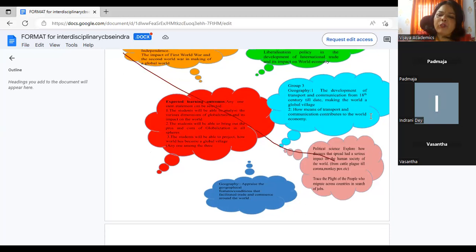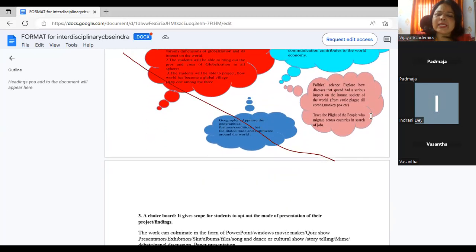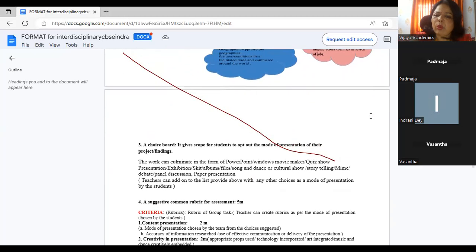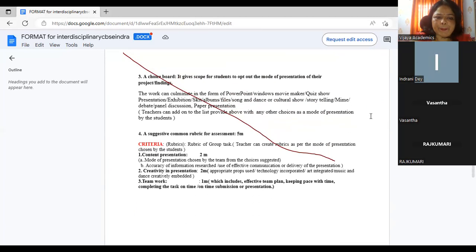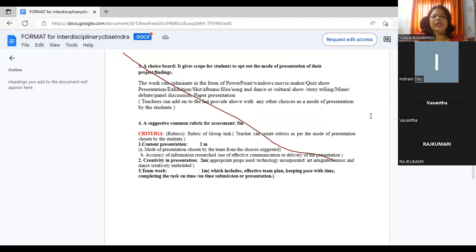So I hope all of you have understood how the subjects are being interlinked with this interdisciplinary project. Now, here it has been given a choice board, which gives scope for students to opt for the mode of presentation of their project findings.